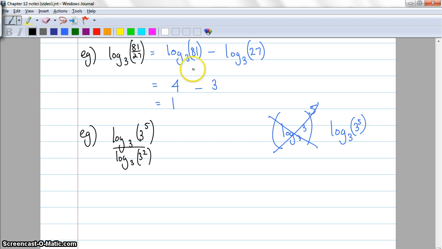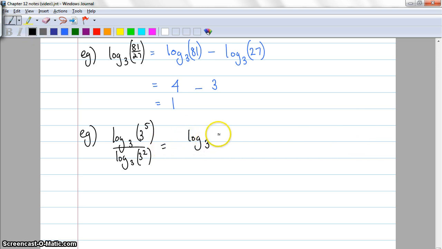I mean, this one can also be written as 3 to the power of 5 as well. There's nothing wrong with that, and in fact, that's what I'm going to do. So this one becomes log 3 of 3 to the power of 5 over log 3 to the power of 2.